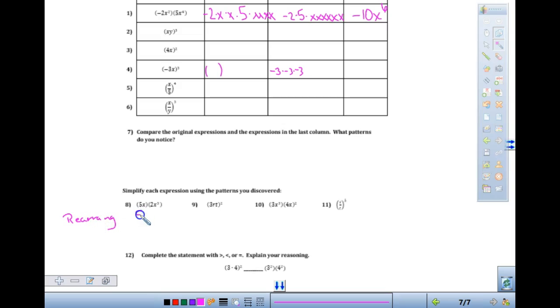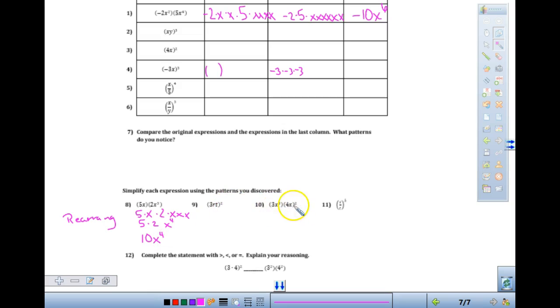So like here I have the 5 and the x. So I might start with the 5 and the x times 2, and then I might rewrite it as 5 and the 2, and I go, oh, that's going to give me x to the 4th, and then give me your answer, right?